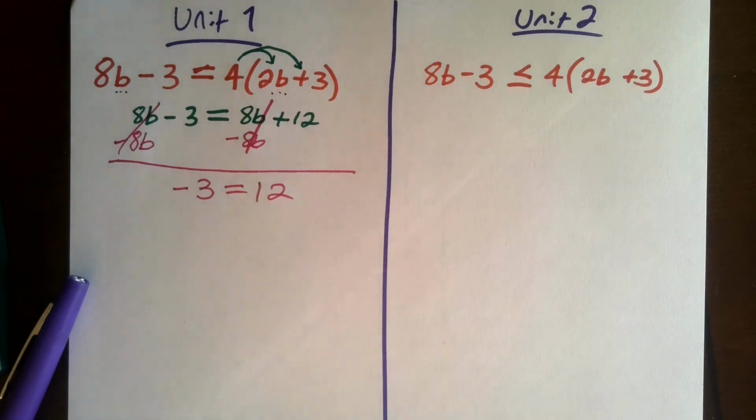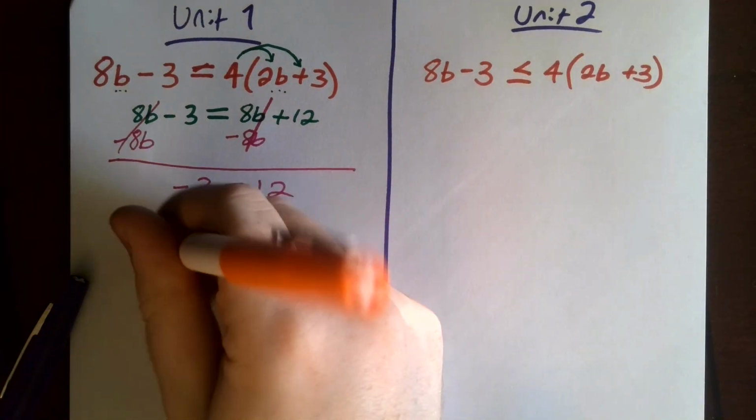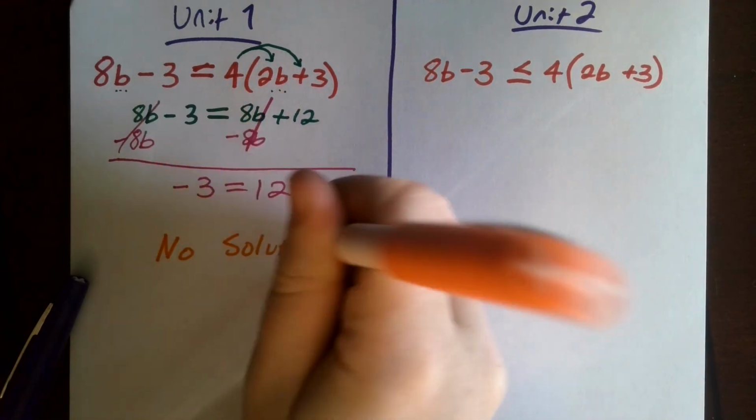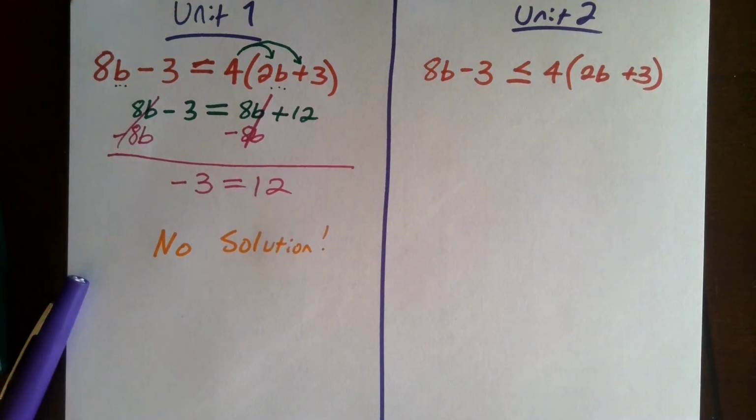Now, this should kind of ring a bell here, but do we remember what happens when we end up with an answer that's complete nonsense? If you end up with a statement that is just false and complete nonsense, we say that it has no solution. No solution, because there is no way that negative 3 will ever make 12.